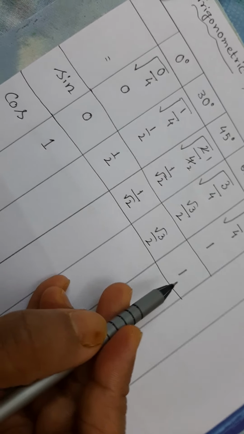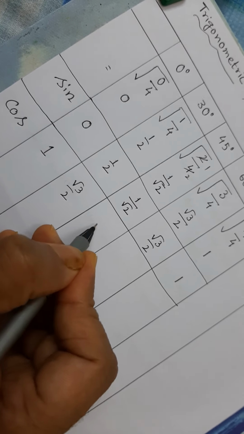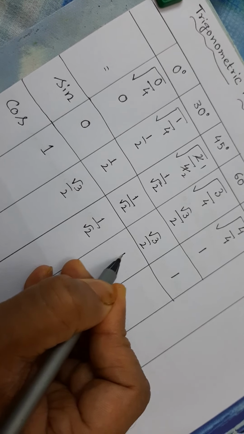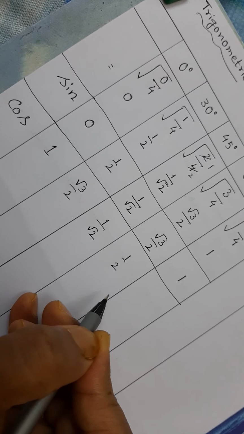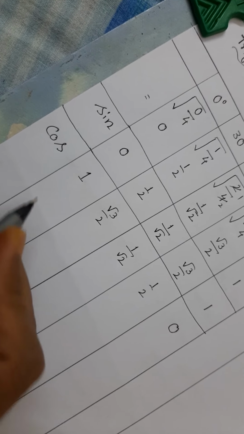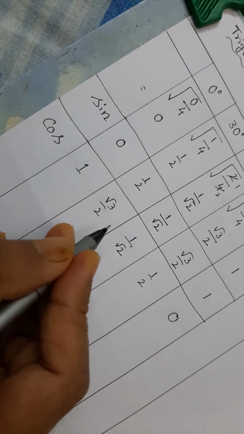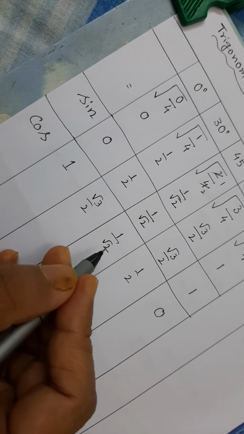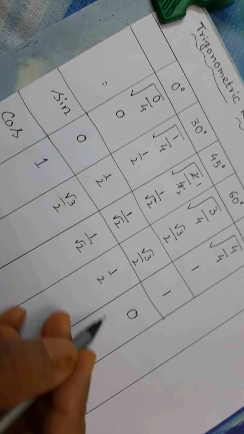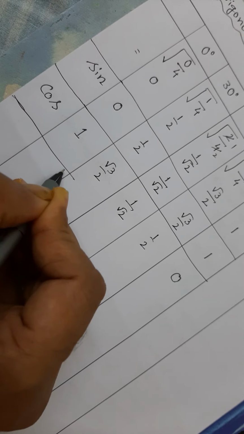Then root 3 by 2, then 1 by root 2, then 1 by 2, then 0. That means cos 0 degree is 1, cos 30 root 3 by 2, cos 45 degree 1 by root 2, cos 60 degree 1 by 2 and cos 90 0. So these are the values of cos.